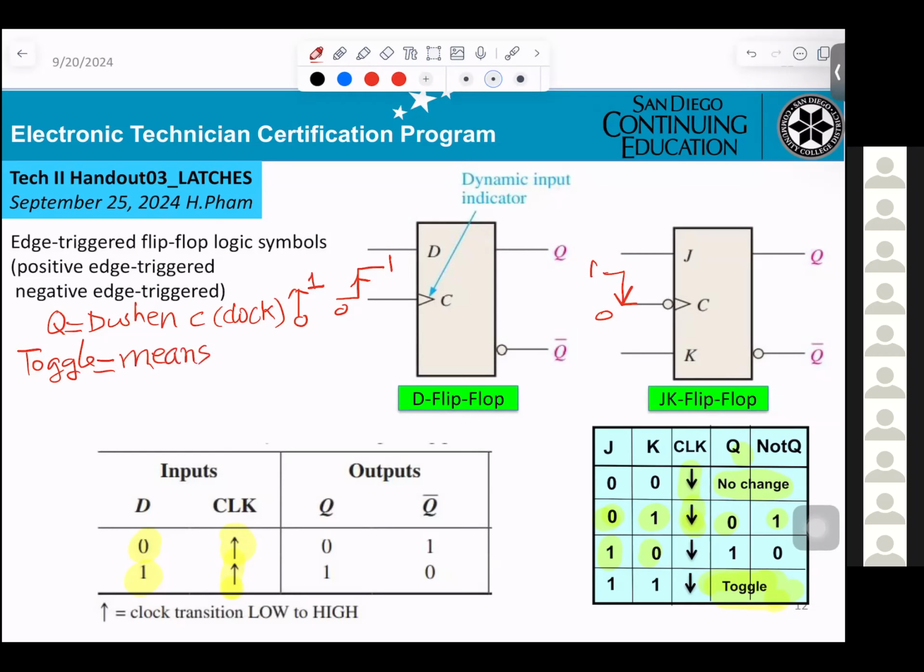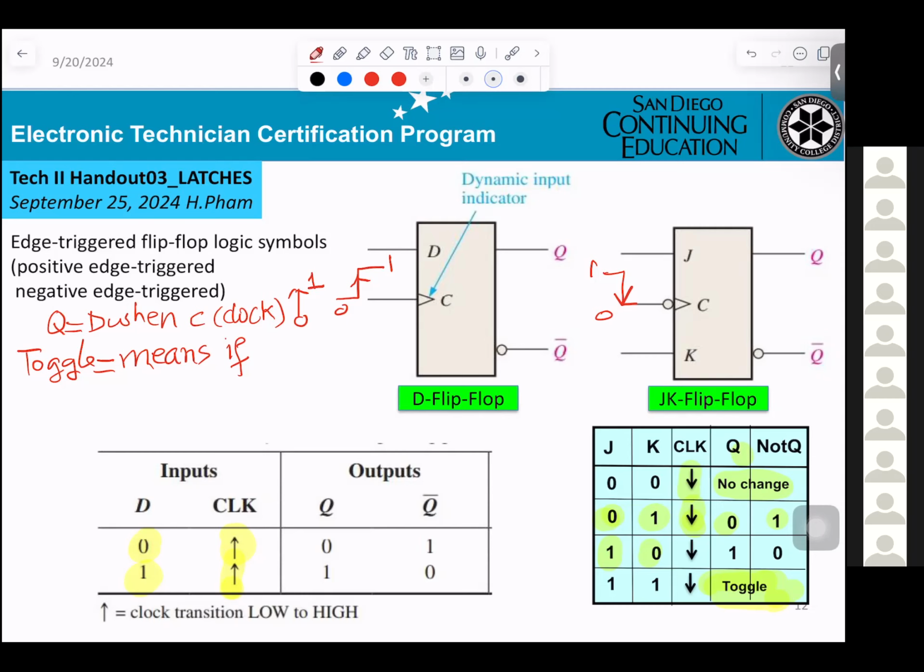Hey, Mr. Pham, is it correct to say in electronics, 0 is a state and 1 is a state? And if you go from 0 to 1, you're going from one state to another state? Yeah, you only have either 1 or 0, nothing else. But I heard you use the term state before.